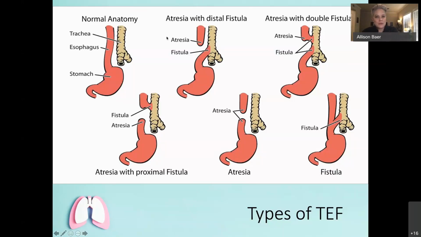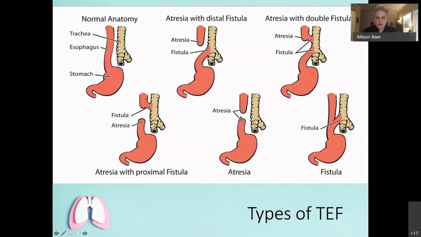So the problems you're going to see with the very first feeding, and it can come with these other variations, but these are much less common. You can have a proximal fistula, so the esophagus comes down and dumps right into the trachea, which is bad. You can have a double fistula where you have an upper and lower fistula, or you can just have atresia by itself.